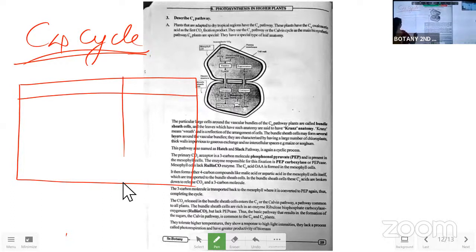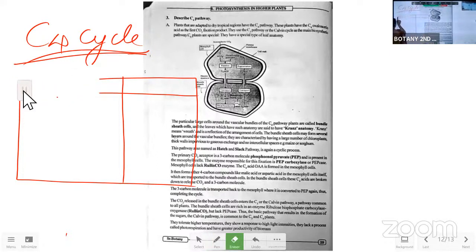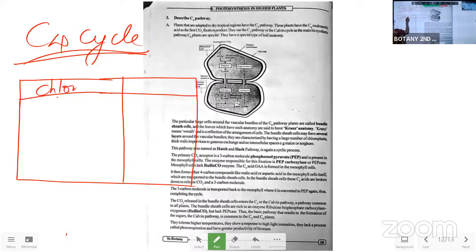This is the mesophyll. Wait, you cannot see if I write small. This is the chloroplast. This is also chloroplast.